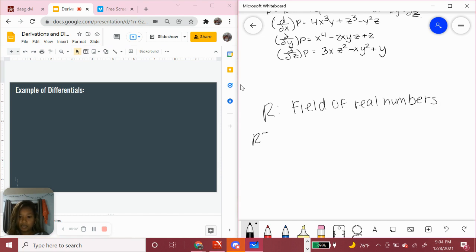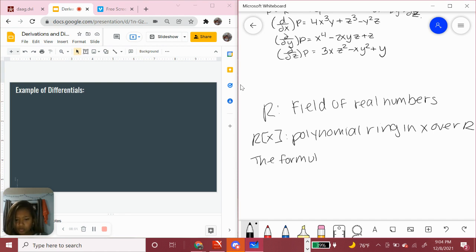And then R adjoin X to be the polynomial ring in X over R. Okay, so the formal derivative, formal, not formula, formal derivative is the map D mapping the polynomial ring to itself, the polynomial ring.